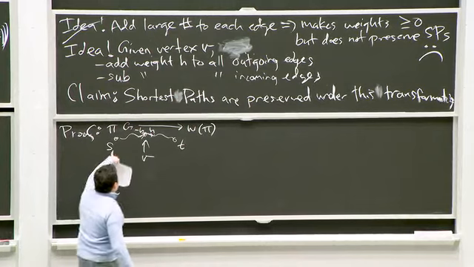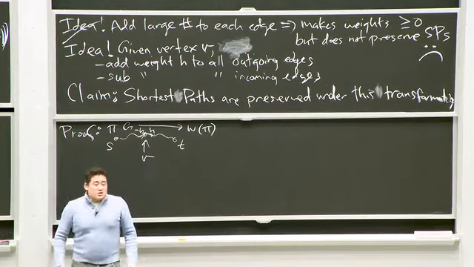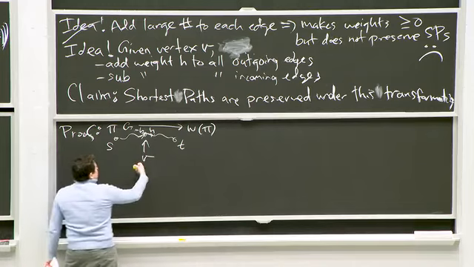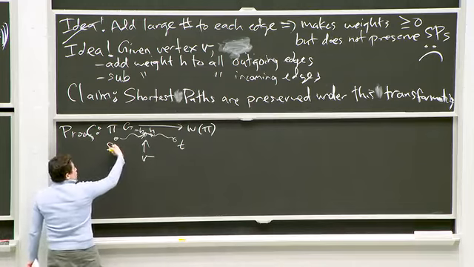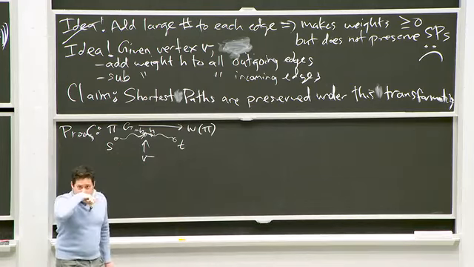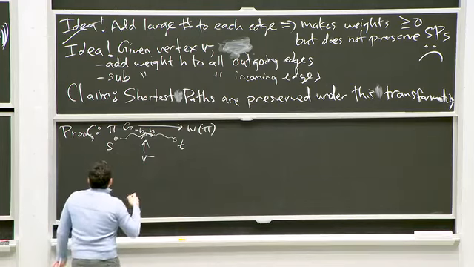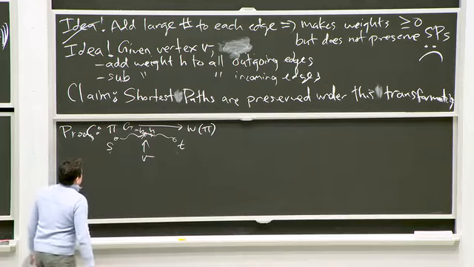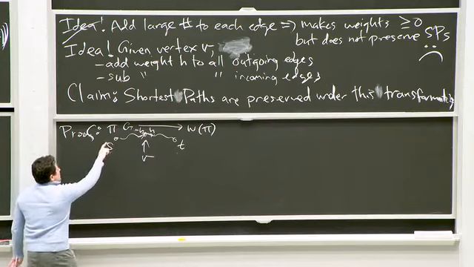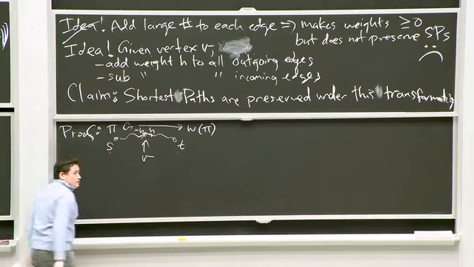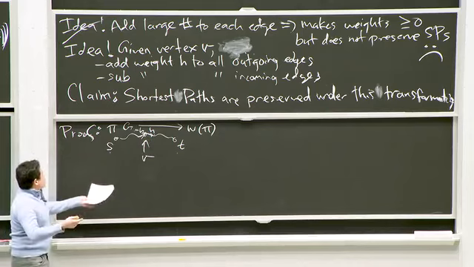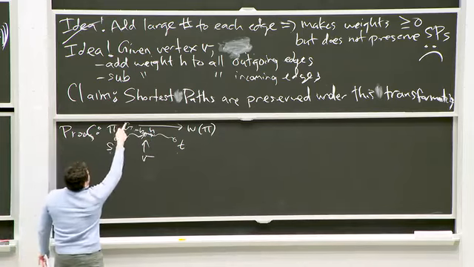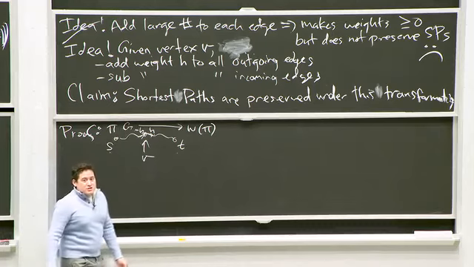So passing through a vertex doesn't change the weight of my path. The only way I could change the weight of my path is if V is the start vertex or the end vertex, right? So it's possible that S is my vertex or T is my vertex. Well, for any path leaving V, I will have increased the weight of that path by H, right? Because I added a weight H to all outgoing edges.